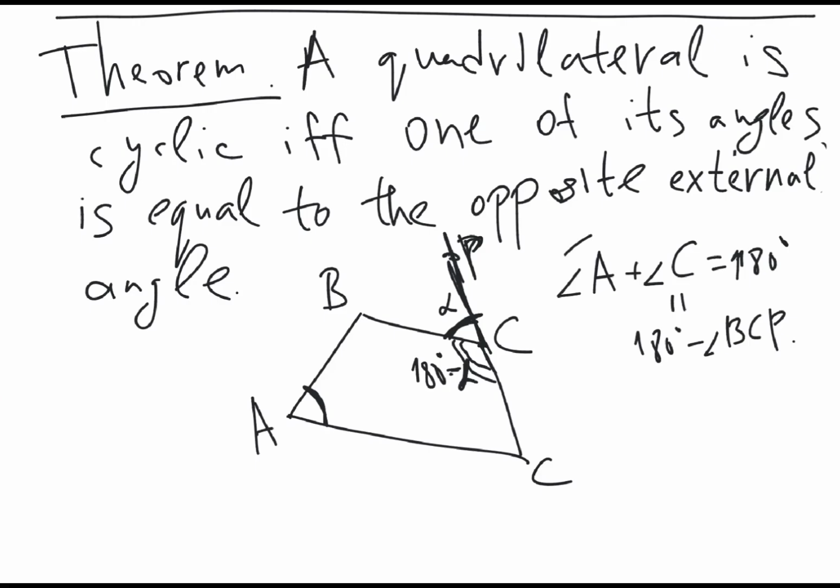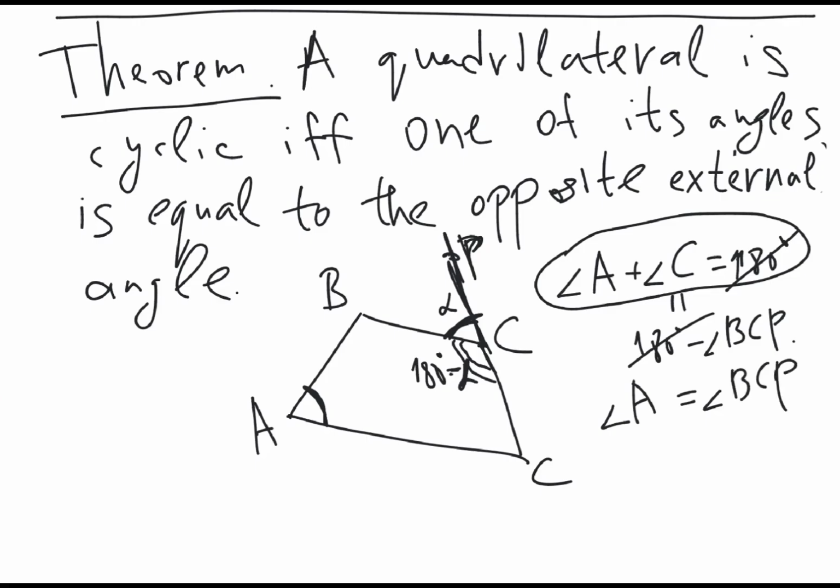And this condition transforms to, because 180 degrees cancels, angle A would be equal to the angle BCP. So the angle A would be equal to the external angle. Yeah, so this is a simple corollary of the previous theorem.